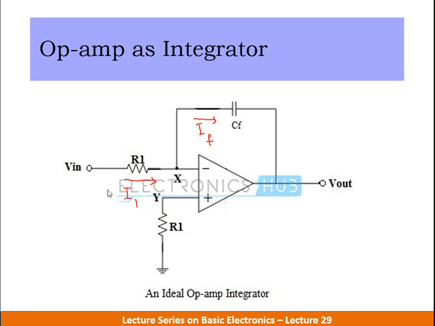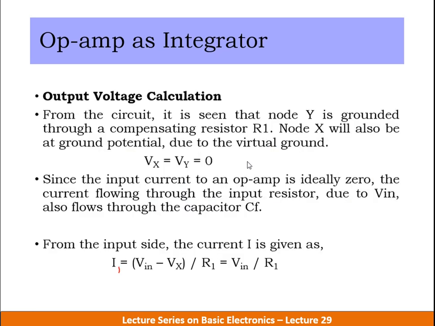So as this becomes equal to 0, no current can flow into the op amp. Therefore, whatever current is flowing through the resistance R1, that is I1, can flow only via the feedback component Cf. So If is the current flowing through the feedback capacitor Cf.